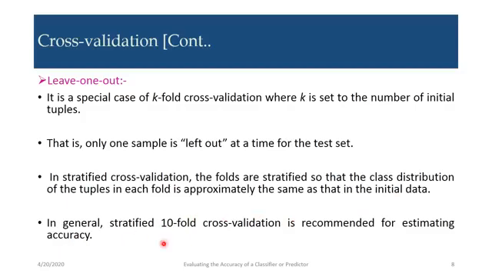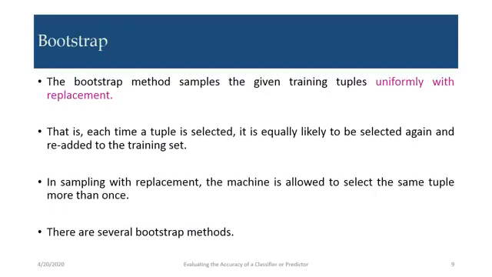As in chapter 2, where we discussed stratified sampling, the samples here are taken using stratified sampling. We use different strata, and every stratum represents a number of tuples. In general, stratified 10-fold cross validation is recommended for estimating the accuracy of the classifier.